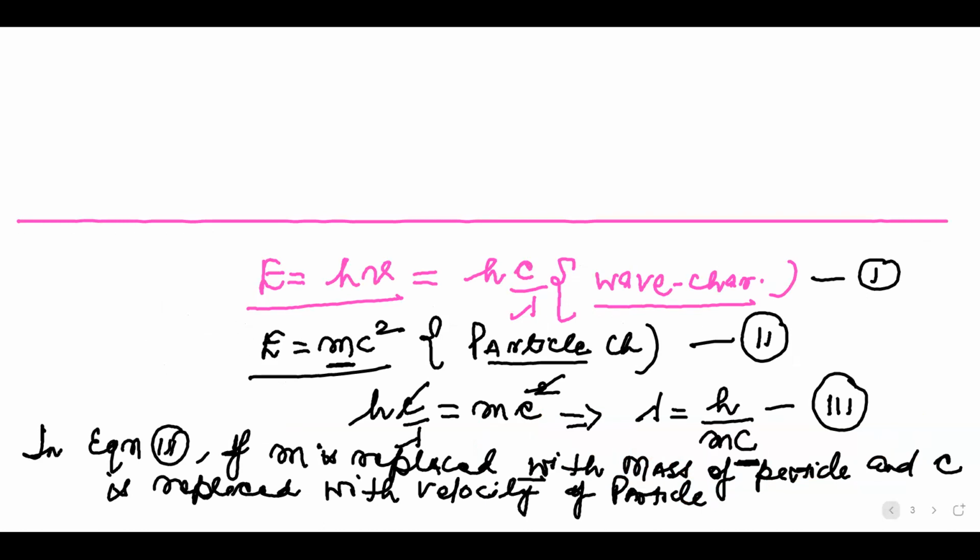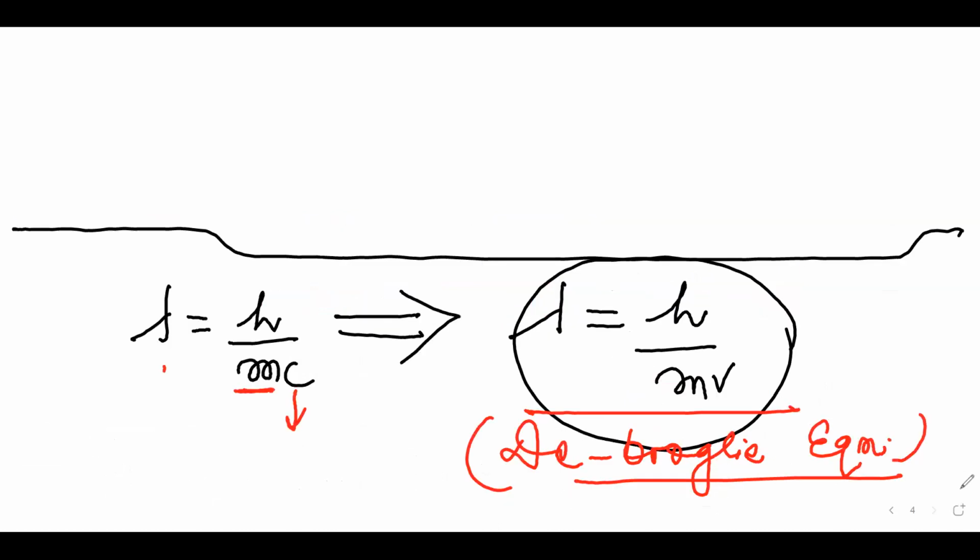So it becomes hc by lambda is equal to mc square, which becomes this. अब इस इक्वेशन में मैंने m को रिप्लेस कर दिया with the mass of the particle और c को रिप्लेस कर दिया with the velocity of the particle, and my this equation now gets modified as lambda is equal to h by mv.